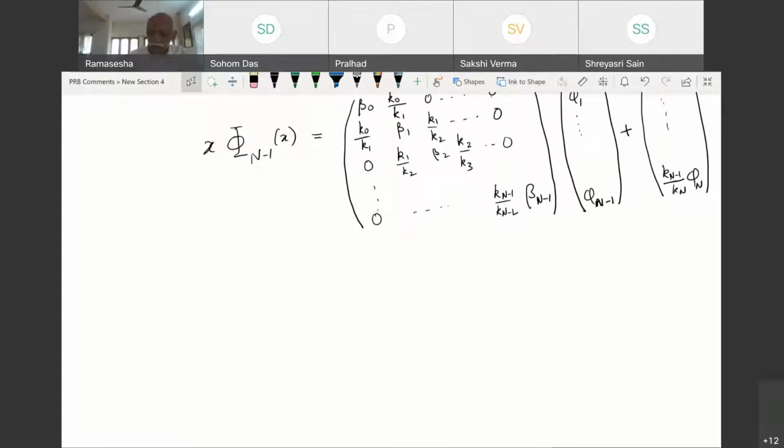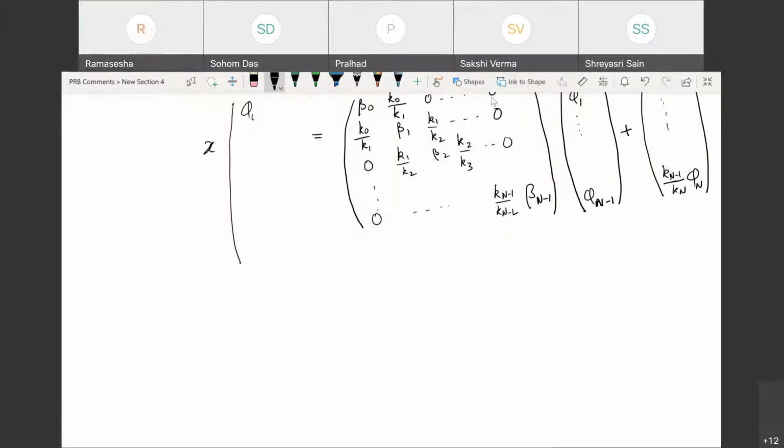All you have is, supposing you take the final equation, right? If you take the final vector, actually, let me write the full thing. Okay.